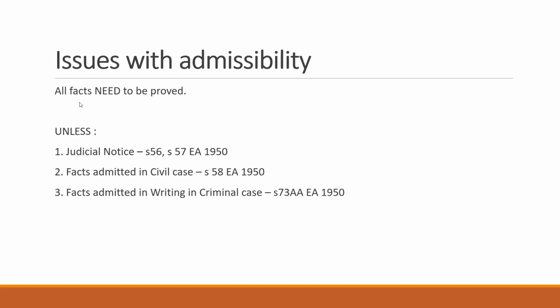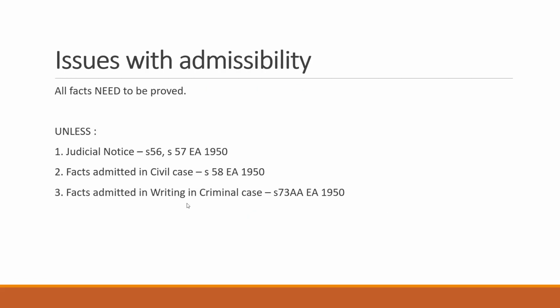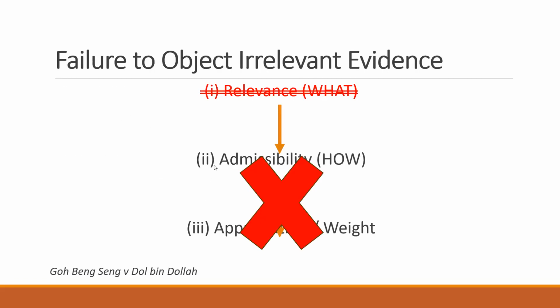And all facts need to be proved. I think I said it to you already, except in the event that the court took judicial notice, and facts admitted. Okay, there are several issues here. Failure to object to irrelevant evidence, like the example I put forward to you.